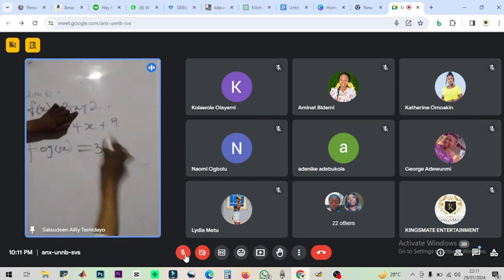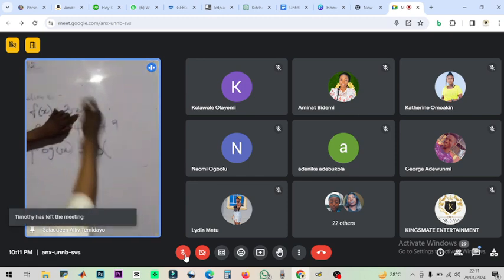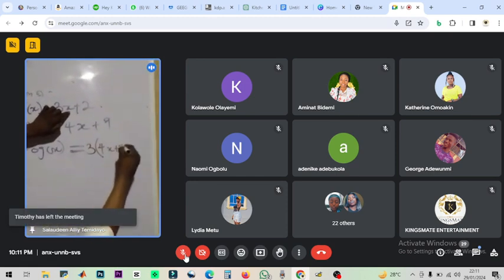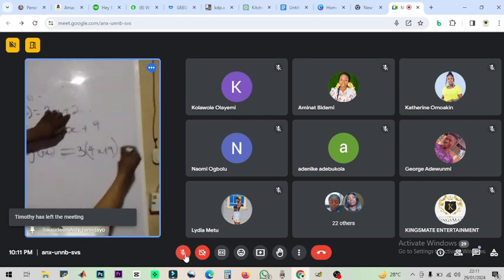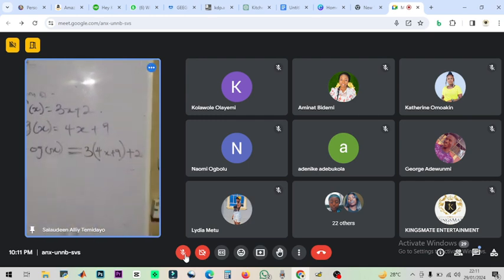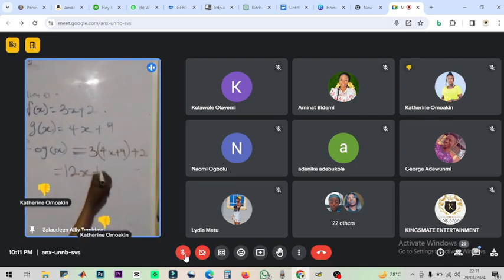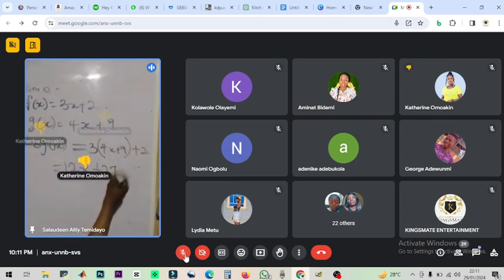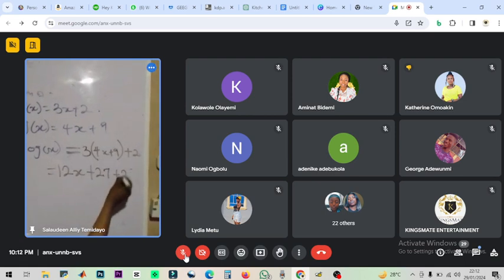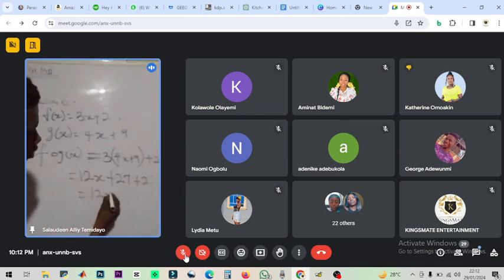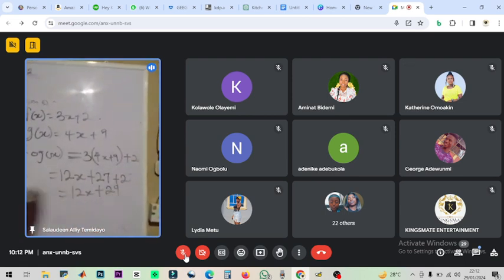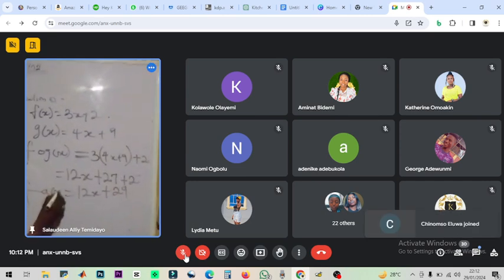That's 3 times, in the place where I'm supposed to write x, I'll now write 4x plus 9. Now finish it, plus 2. Open my bracket. 3 times 4x gives 12x, plus 3 times 9 gives 27, plus 2. I have 12x plus 29. That's f of g of x.